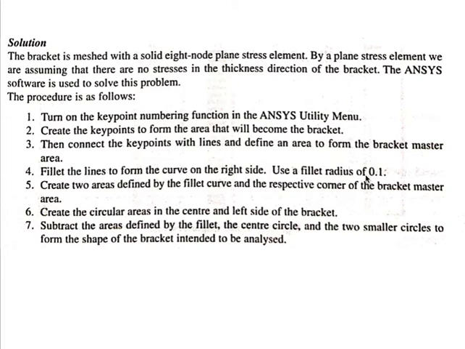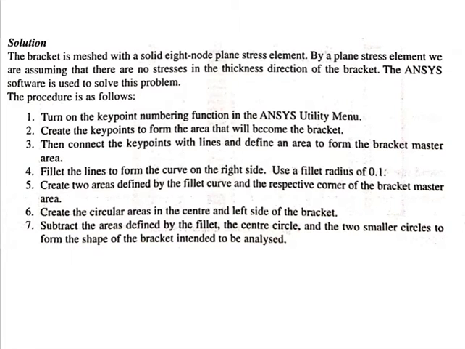Use a fillet radius of 0.1, and then create two areas defined by the fillet curve and the respective corner of the bracket master area, and create the circle area in the center and the left side of the bracket.